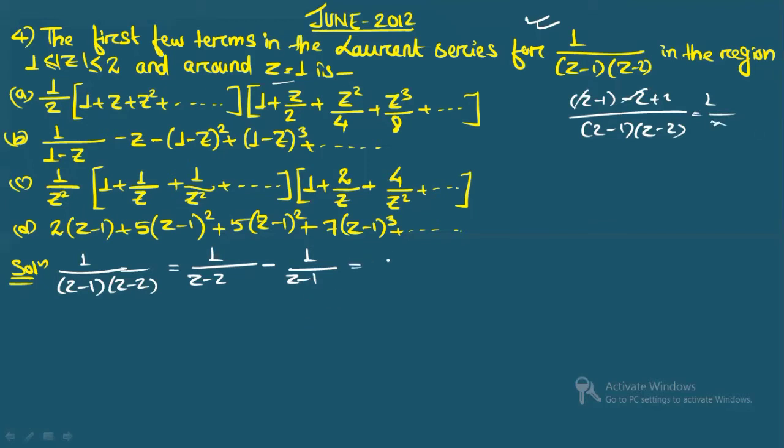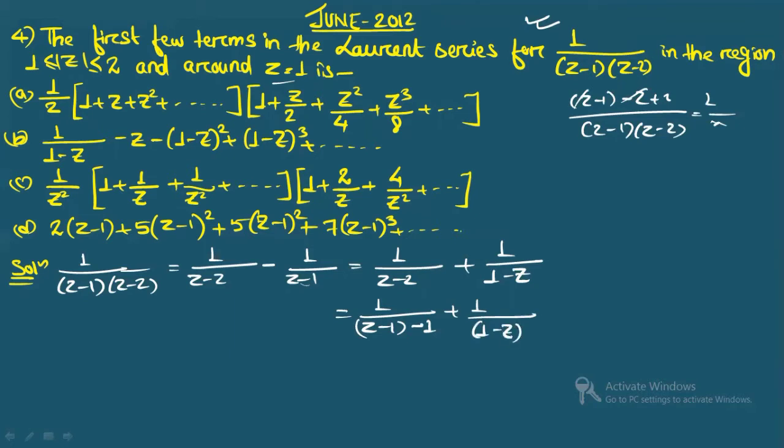Next you see, I am taking minus common from the second term. So it is 1 by z minus 2. It will give me plus, and in the denominator I will have 1 minus z. Now you see this term you are having. This term I am writing as z minus 1. Again I am writing here minus 1 plus 1 by 1 minus z.